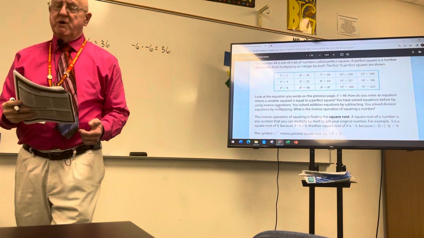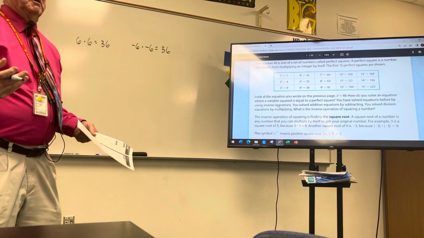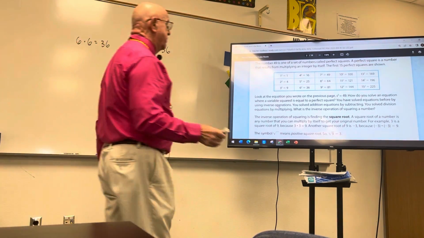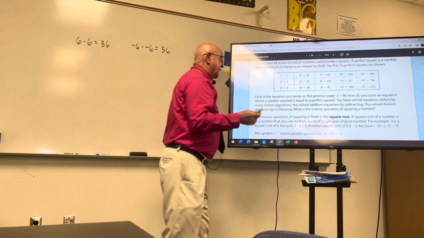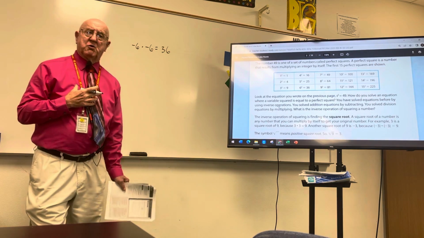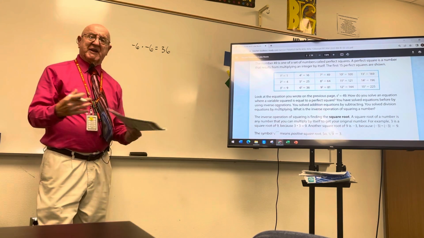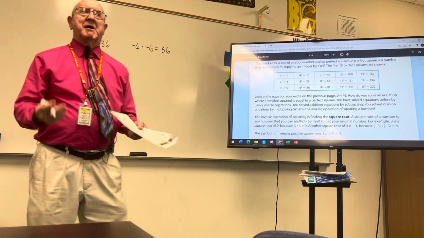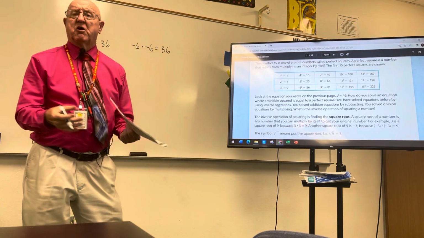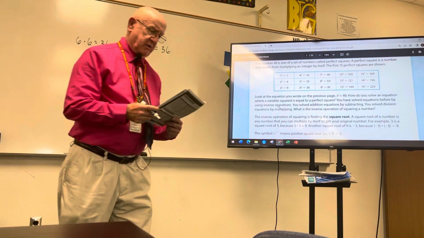Which shows you that squares actually have two solutions. If you take the square root of a square, like 9, it can be either 3 or negative 3. Now for us right now, because we're talking about the length of a side, we're talking about the positive root, also known as the principal root, right?